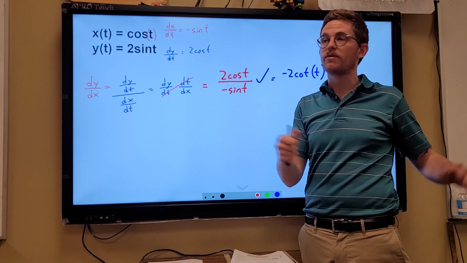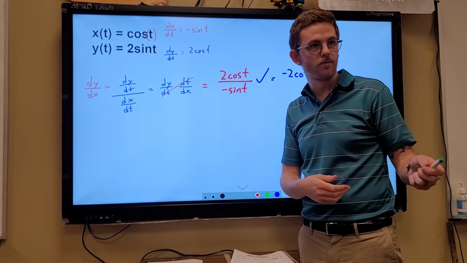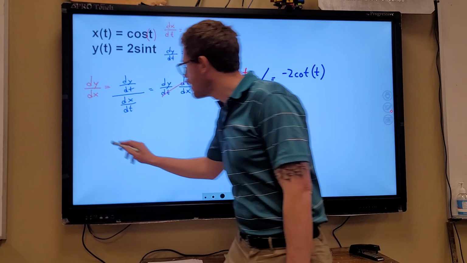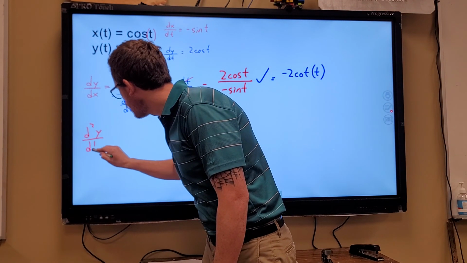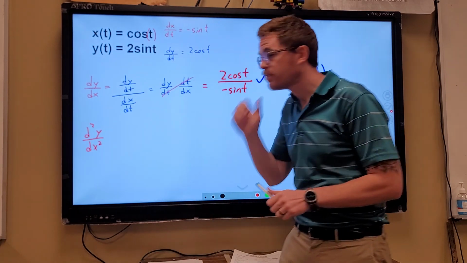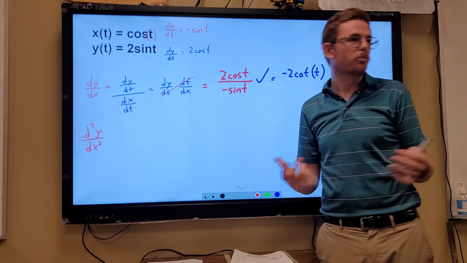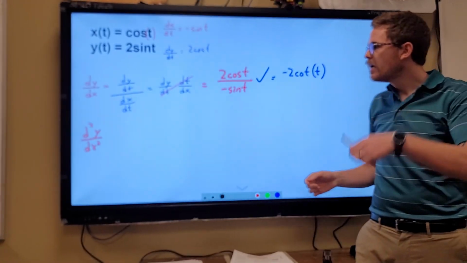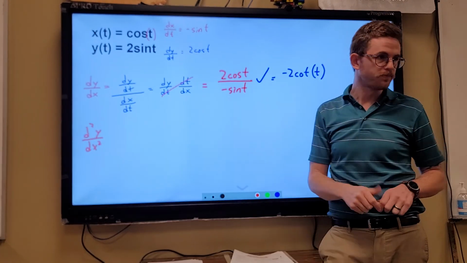Now I think my favorite thing about parametric functions is the second derivative, though. And why? Not because the problems are super easy or anything like that, but because I think this really helps us to understand this notation.